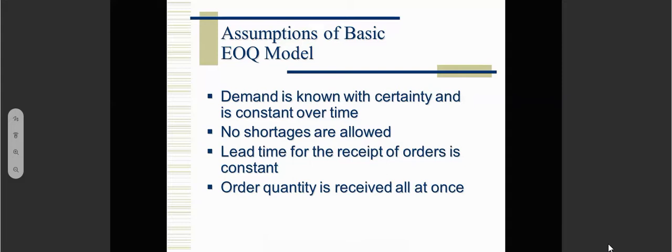Under the basic Economic Order Quantity also, the quantity ordered is assumed to be received simultaneously, or we can say that the inventory we order is received all at once. So there will be no partial release of inventory from our supplier.